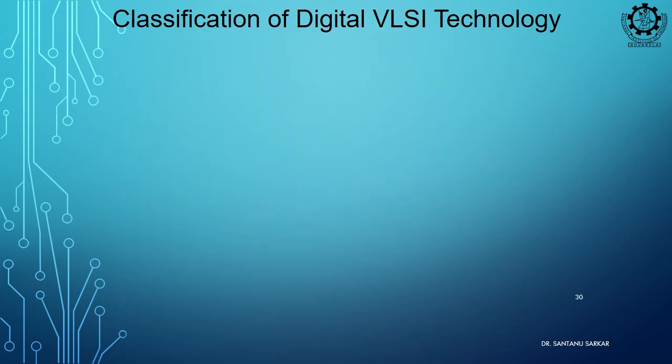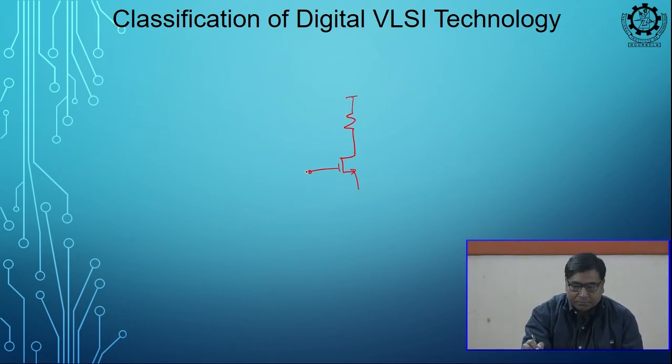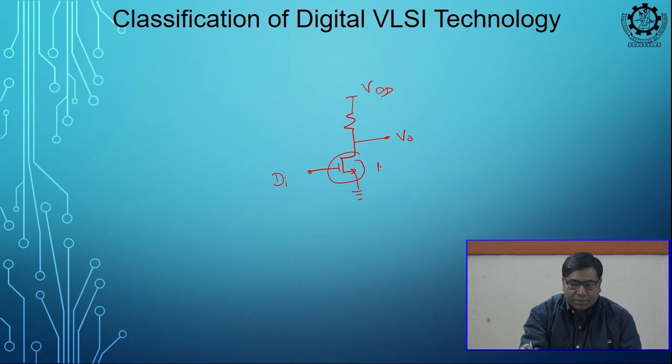So, if we see a circuit, suppose this is your circuit, resistive, this is your NMOS and this is your load.